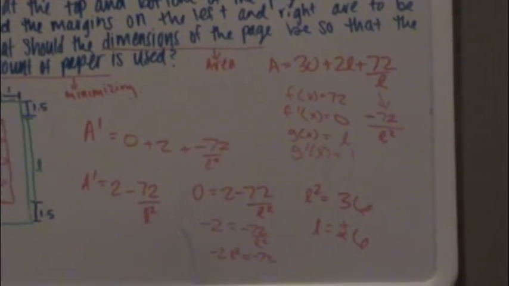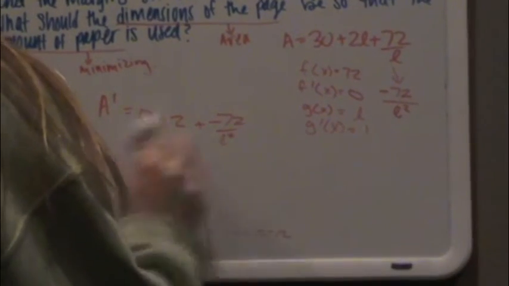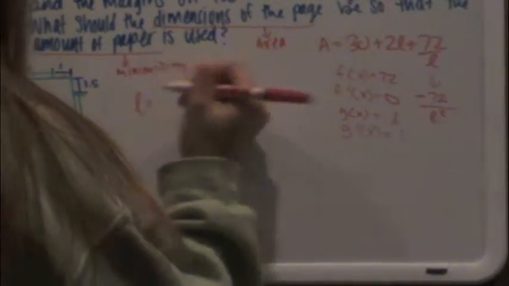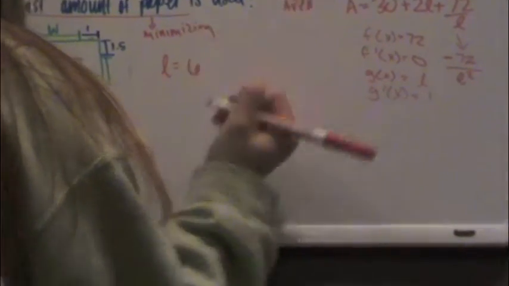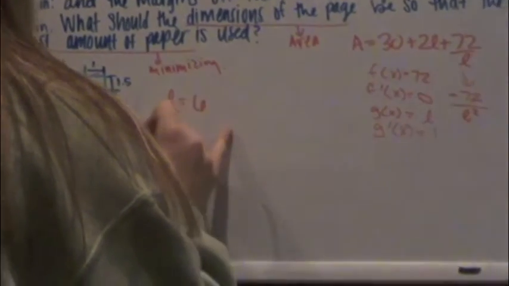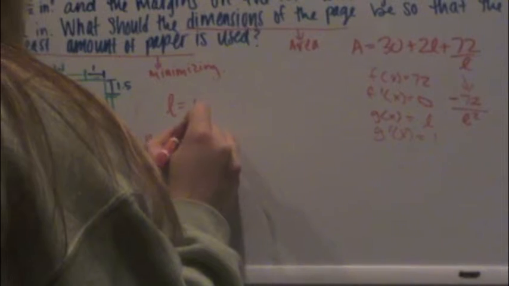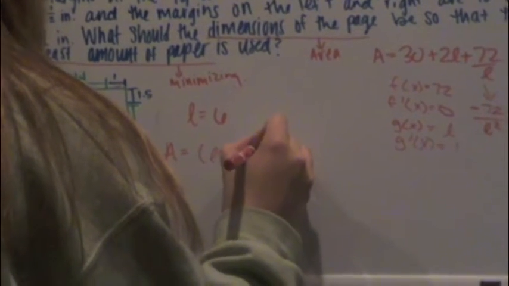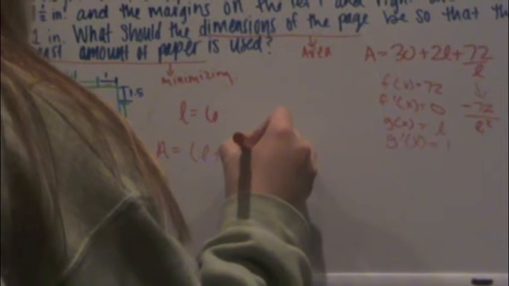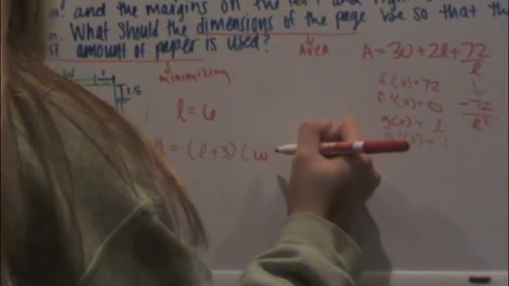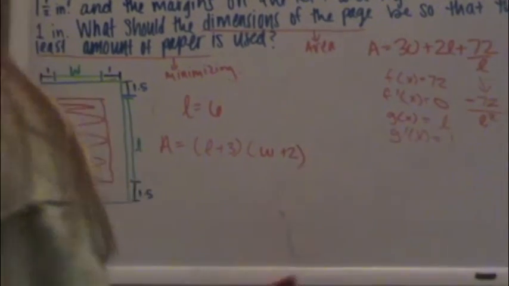So now we have that the length equals positive 6, so L equals 6. We can plug that into our original primary equation, remember that we had A equals L plus 3 times W plus 2.